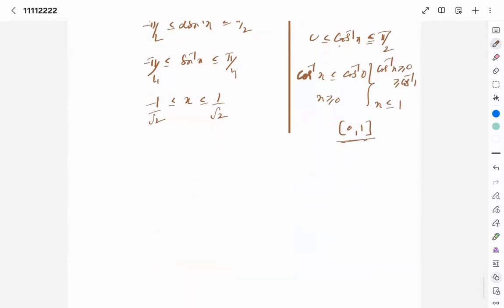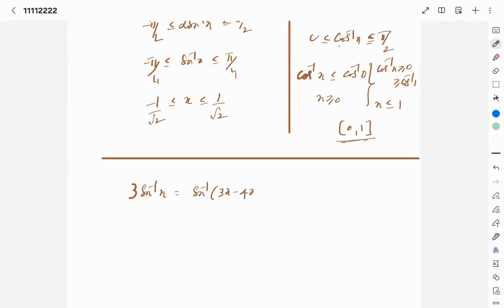So for today, the last question; I will take one more class to discuss. 3 sin inverse x is sin inverse of 3x minus 4x cube. When is it true? For what values of x?